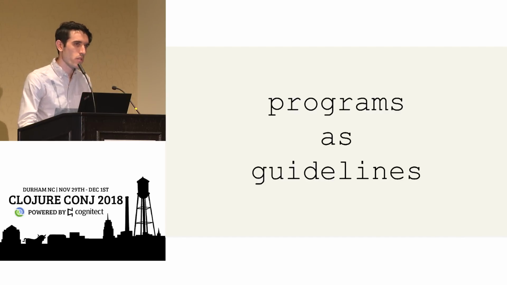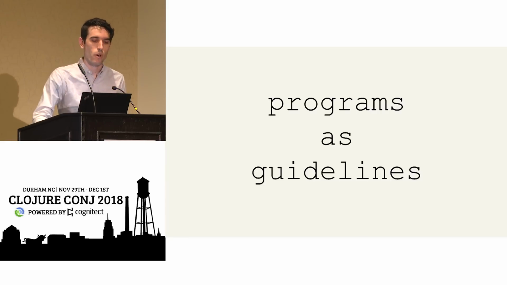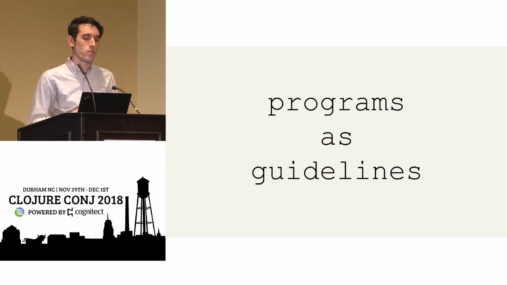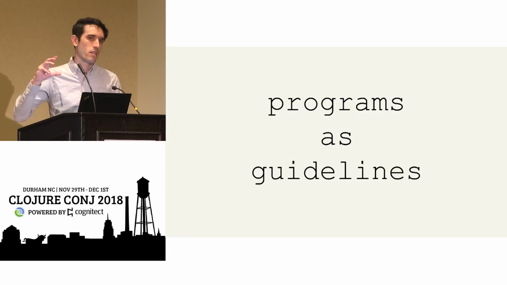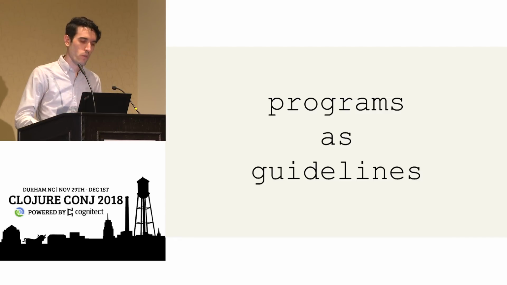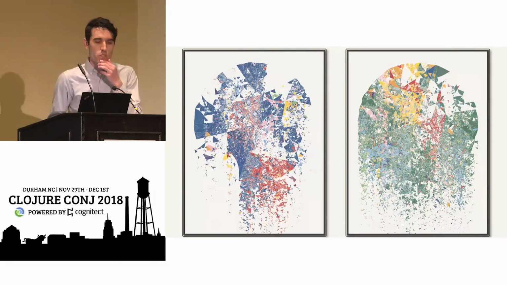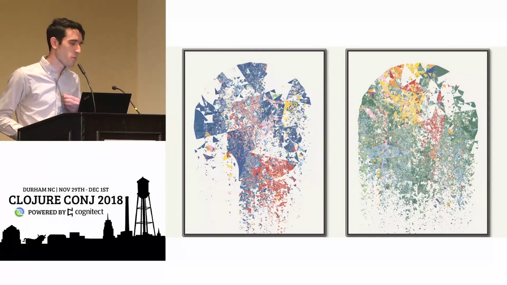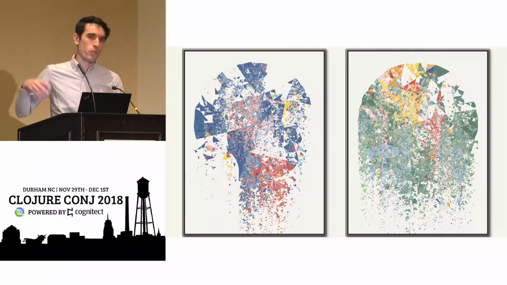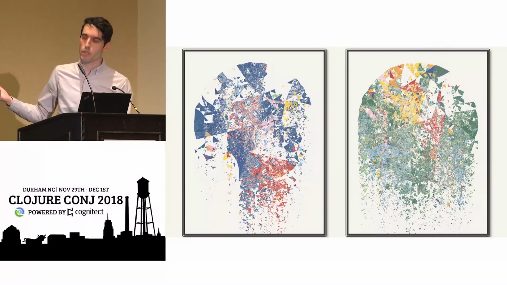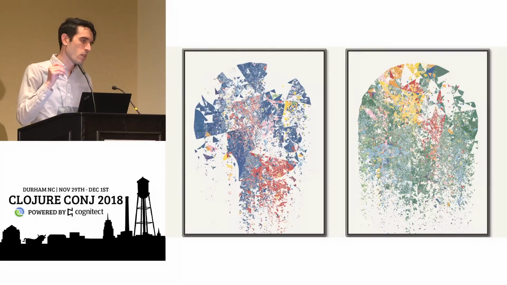My own approach, and an approach that several artists I follow also seem to use, is really a style of programming that's more of a guideline rather than an exact description of what should be created. To give you a visual example, these are two images created from the same program. Without any code changes, just running it multiple times, I get two pretty different results.